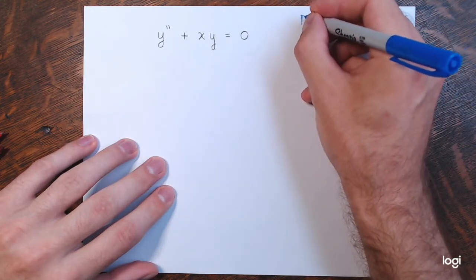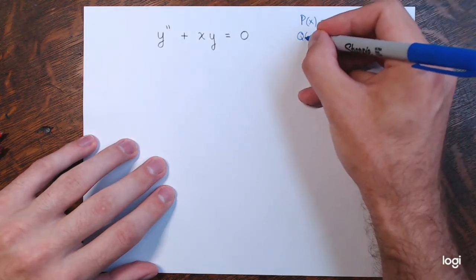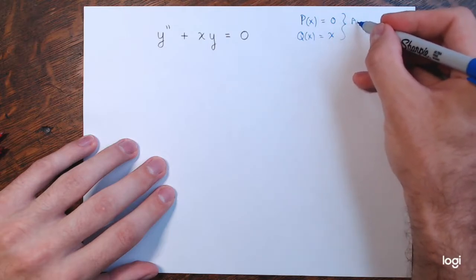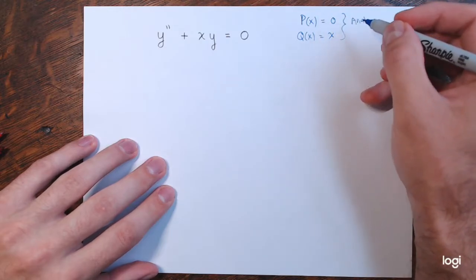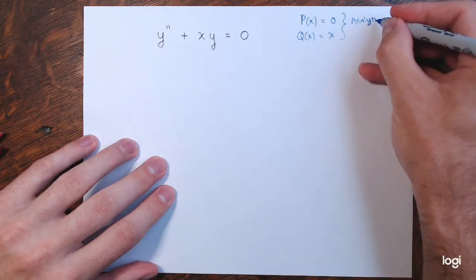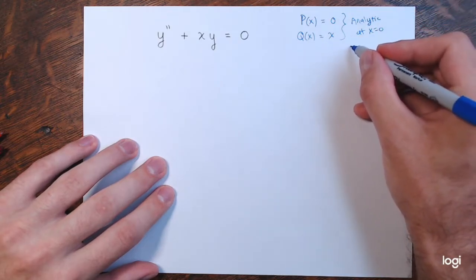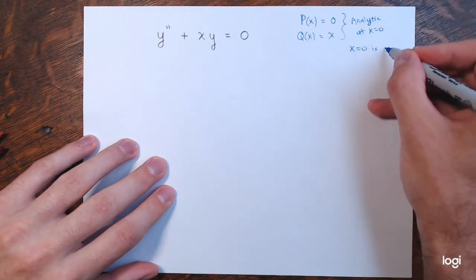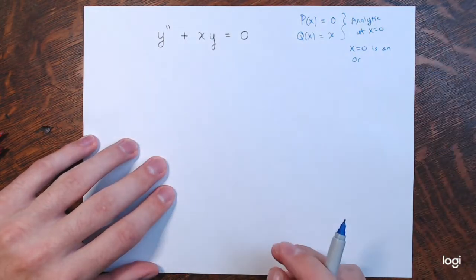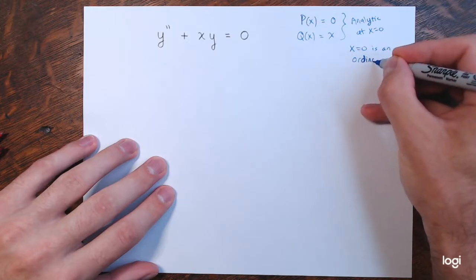The p of x that was brought up earlier would be 0 still, but this time q of x is x, not 1. But still, both of these are analytic at x equals 0. These are still polynomials. Polynomials are analytic everywhere. So x equals 0 is still an ordinary point. In fact, because these are polynomials, every value on the real number line is an ordinary point.